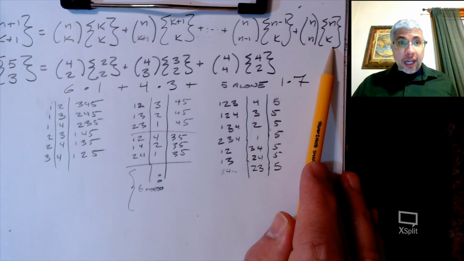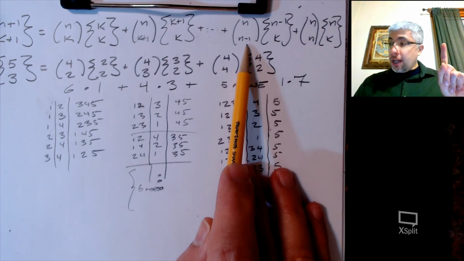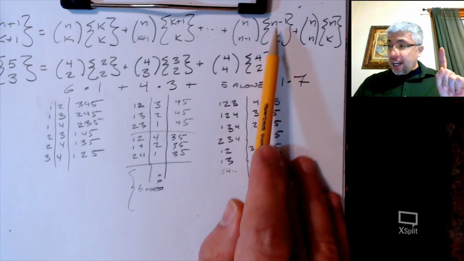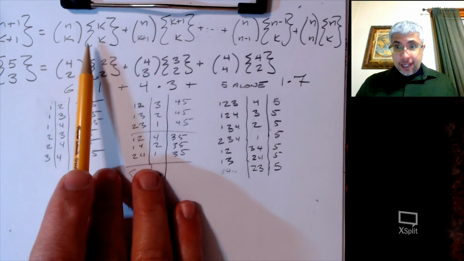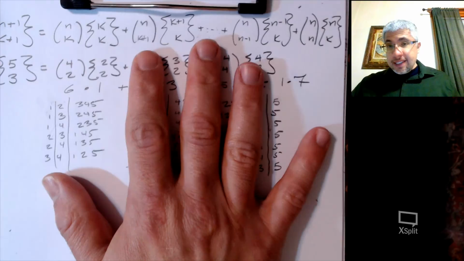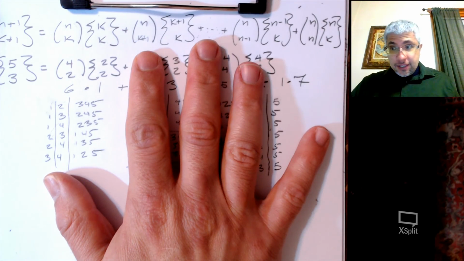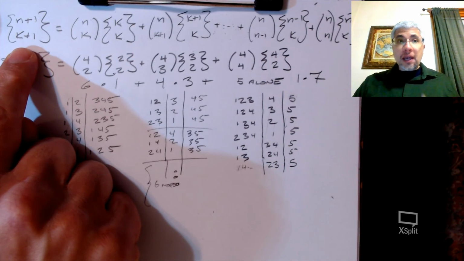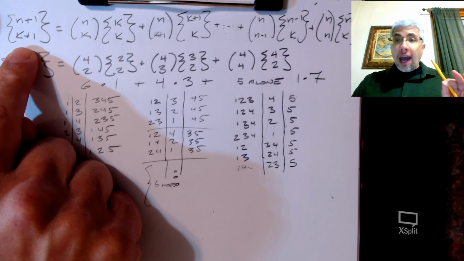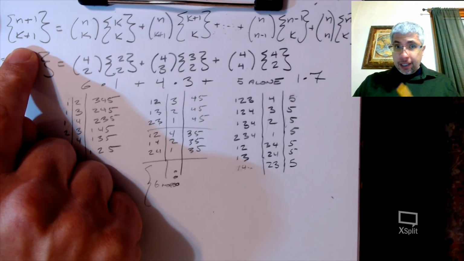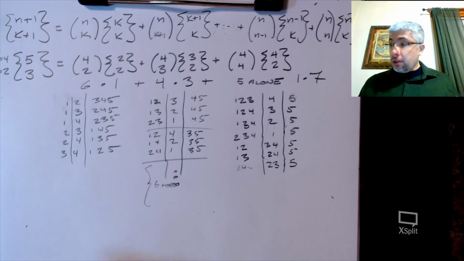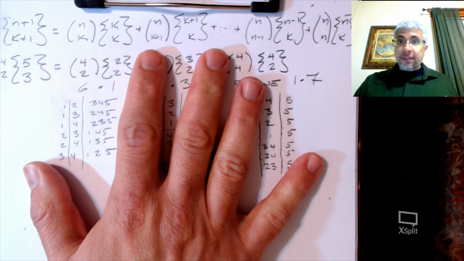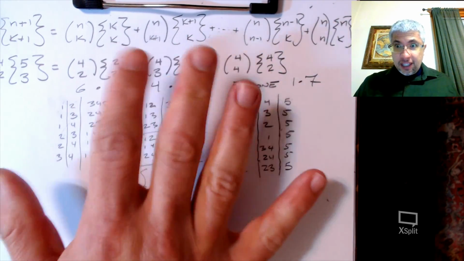If n plus 1 has 1 friend, then I choose everything else but 1 friend, and I split those up into k sets, and so on and so forth all the way down. So the right-hand side is the number of ways you can compute the left-hand side based on how many different elements share a subset with n plus 1. And that is a way to do a combinatorial proof of what might at first seem to be a sort of intimidating identity.